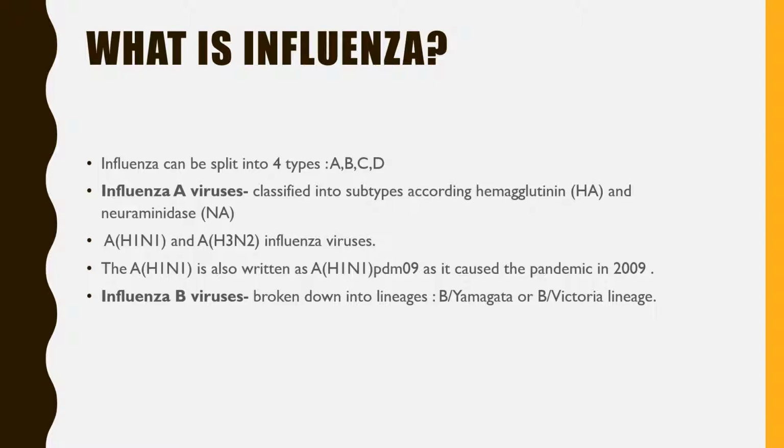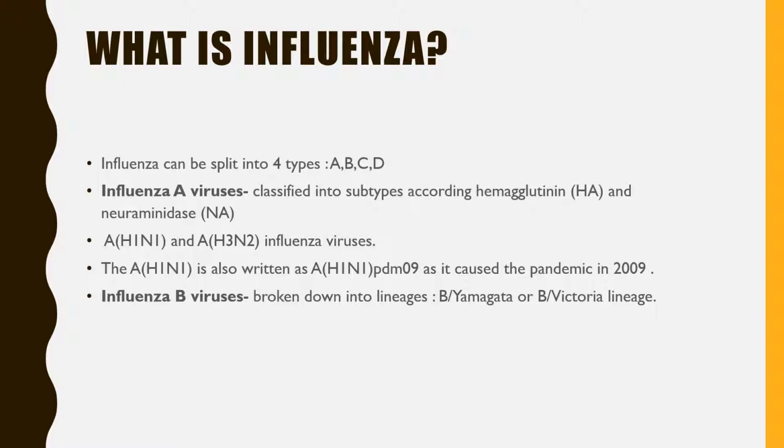H1N1 and H3N2 are the currently circulating viruses. Another way that they can be written is by using the pandemics that they may have caused. For example, the 2009 pandemic, which was caused by H1N1, can be termed A H1N1 pdm09. So if it's written like that, that is what it's referring to.